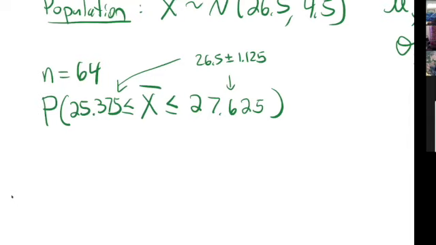And so in order to calculate this probability, we don't want to use the population. We want to use the distribution for the sample means.